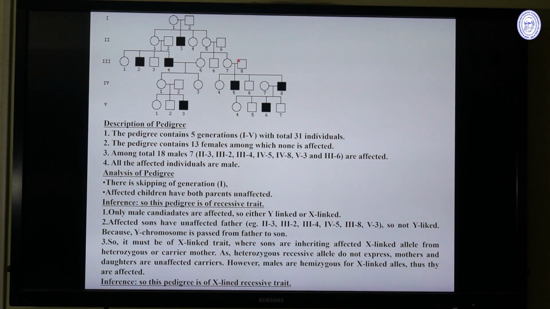If it is an X-linked trait, then only the mother who is a carrier can pass this defective X to her son, but the father who has one X and one Y cannot pass either to the son.